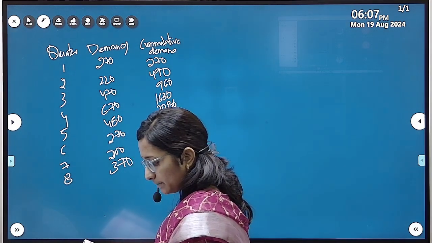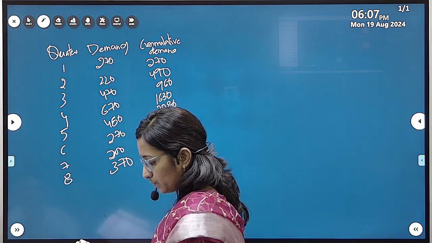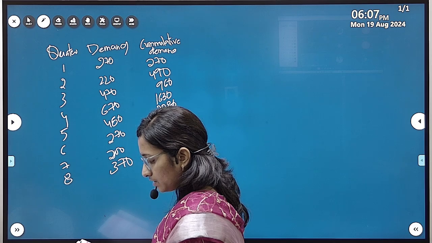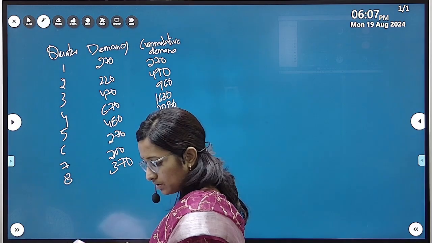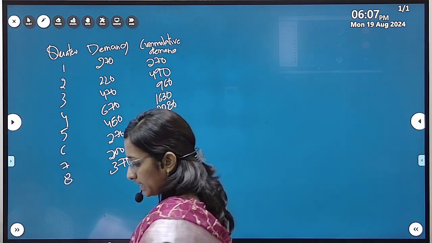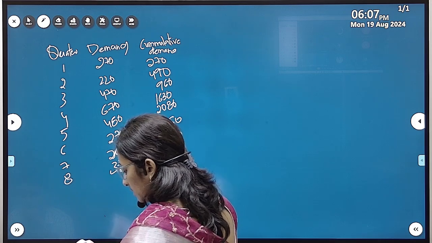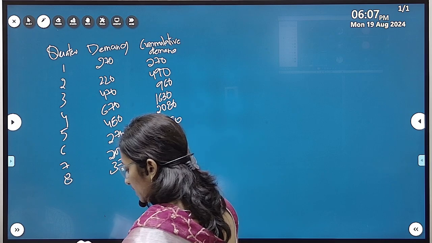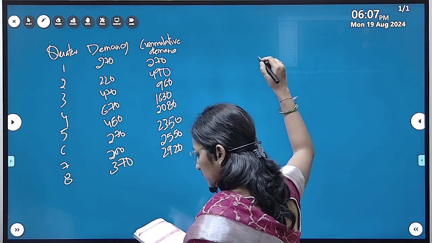So what are they asking in the question? The firm estimates that the cost is rupees 150 per unit to increase the production rate, rupees 200 per unit to decrease the production rate, 50 rupees per quarter to carry the items in inventory, and rupees 100 per unit if subcontracted. So right here, what's the cost?